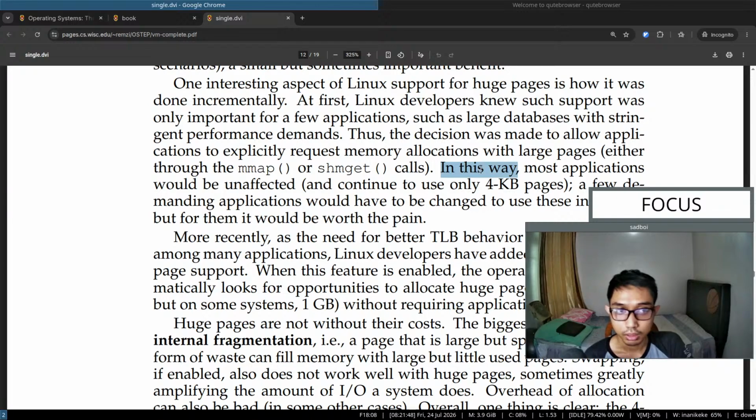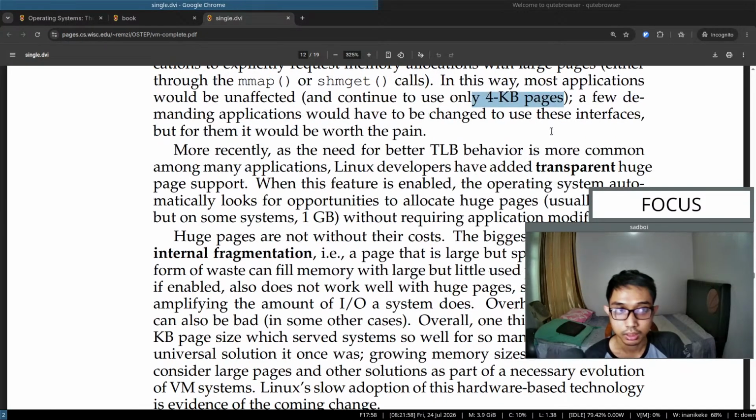In this way, most applications won't be affected and continue to use only 4 kilobyte pages. A few demanding applications would have to be changed to use this interface, but for them, it would be worth the pain.